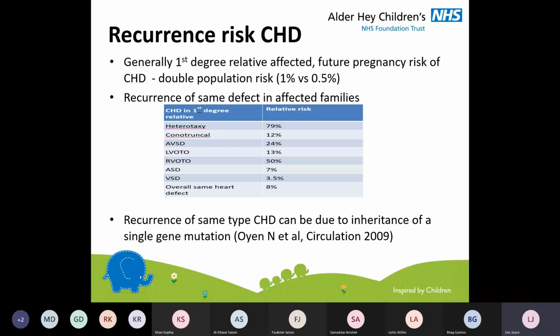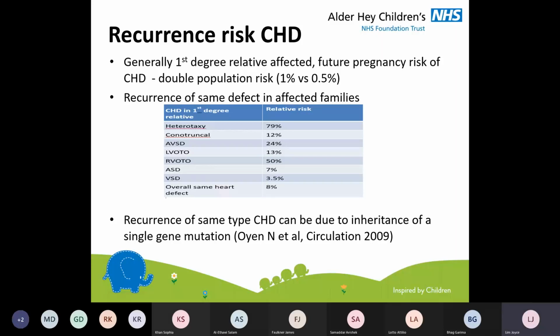The relative risk of a recurrence is close to 80%. For conotruncal anomalies, your truncuses and whatnot, relative risk is 12%. And for right and left ventricular outflow tract obstructions, it's actually quite significant as well, anywhere between 10 to 50%.